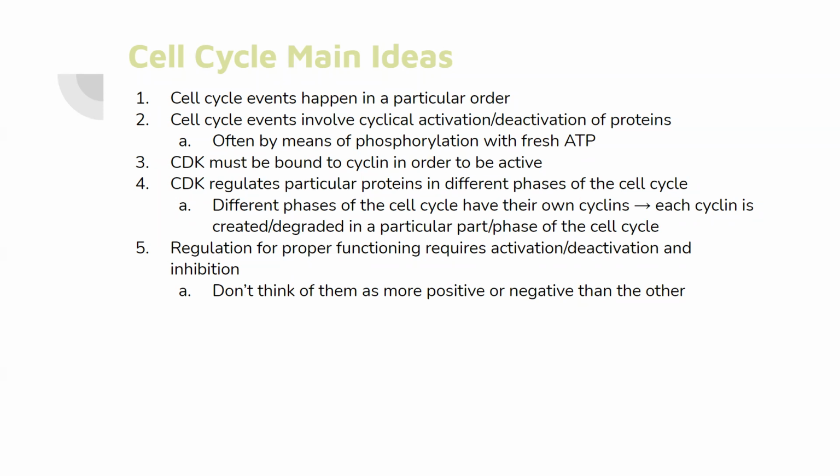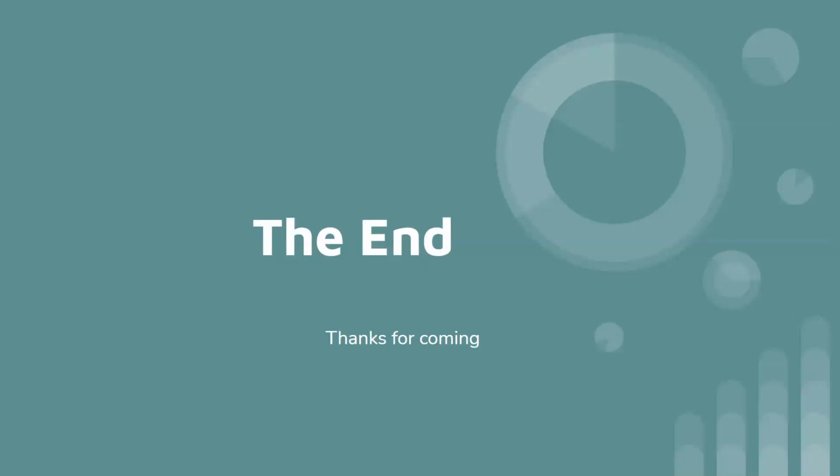CDK, like we said, must be bound to cyclin in order to be active. CDK regulates particular proteins in different phases of the cell cycle. Different phases have their own cyclins, like cyclin D, M cyclin, and so on. Each cyclin is created and degraded in particular parts of the cell cycle. Regulation for proper functioning requires activation, deactivation and inhibition. So it's not so much positive or negative, it's just activation or deactivation, depending on what the cell needs. And that's all we have for you.